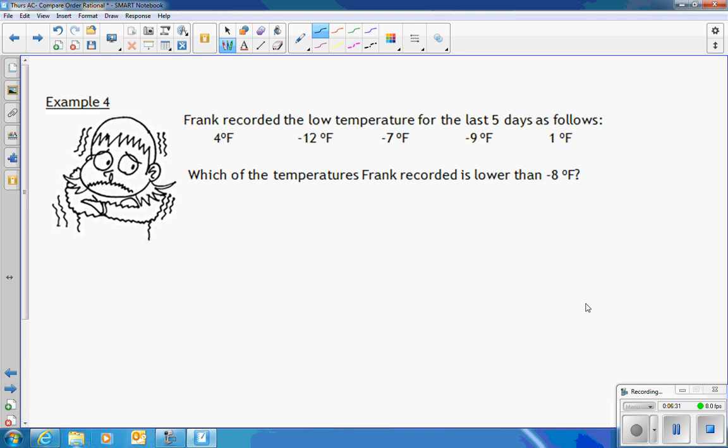Frank recorded the low temperature for the last 5 days as follows. Which of the temperatures Frank recorded is lower than -8? So please remember your number line. So 1, 2, 3, 4, 5, 6, 7, 8.